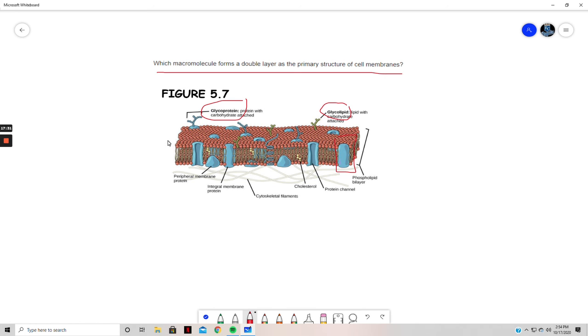But what we want to focus on is these components right here. That's a phospholipid. A phospholipid is what makes up the structure of a cell. It forms this bilayer, or a double layer. In other words, part of the phospholipids are facing to the outside, and part of the phospholipids are facing the inside of the cell, and they form that through the processes.